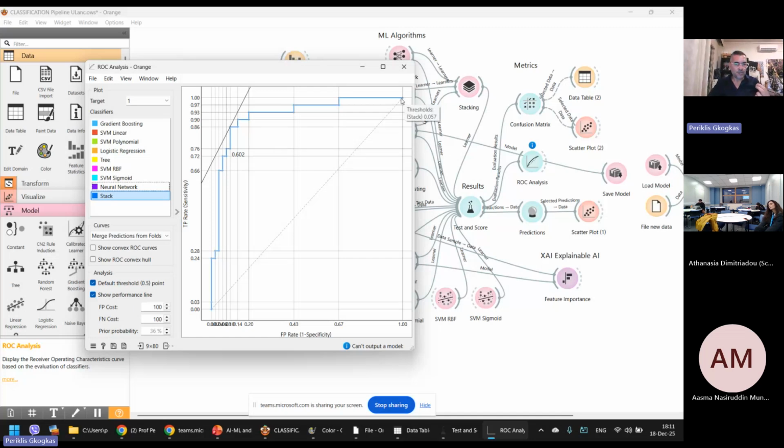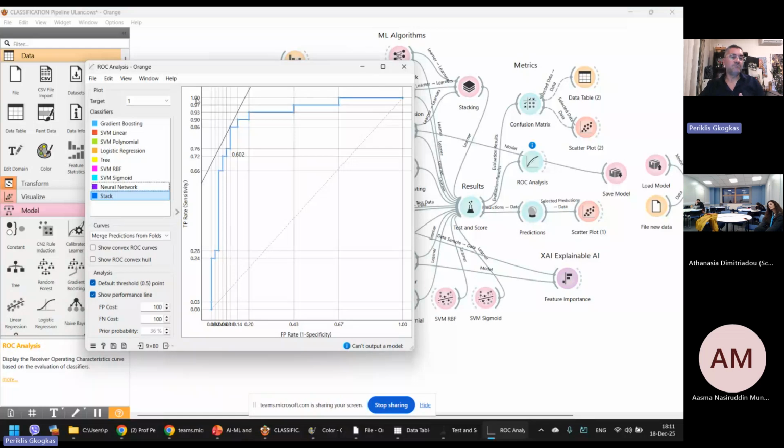Now, this is obvious here because if the threshold is 0, your accuracy in class 1 is 100%, but this is 1 minus specificity, also called the false positive rate. You have a false positive rate for the other class, the class 0, of 100%.